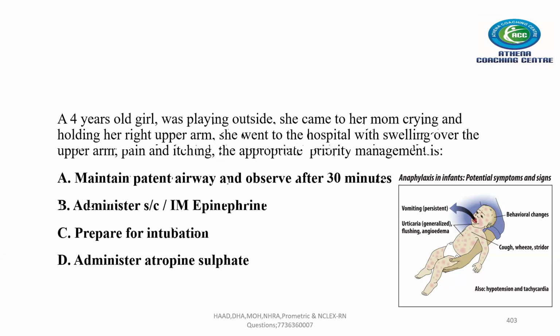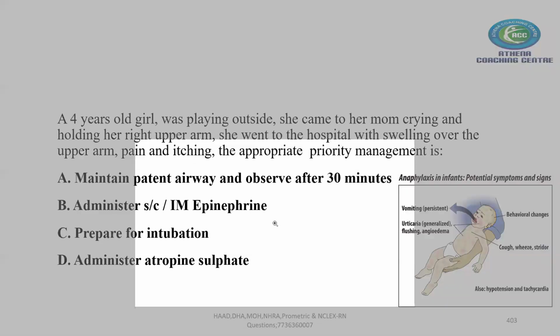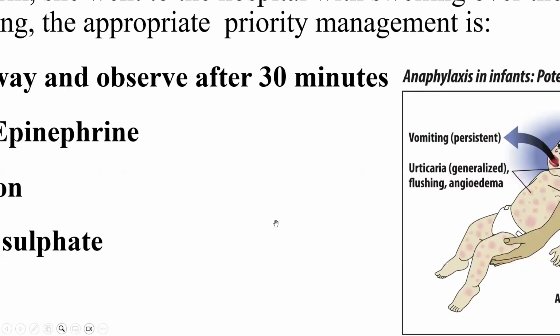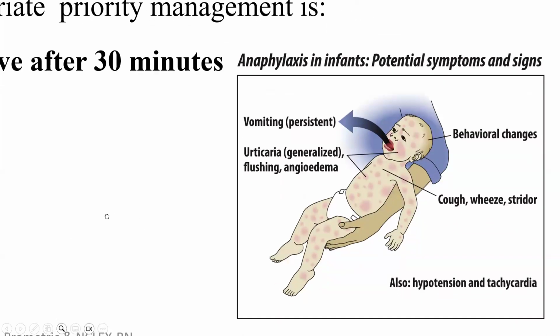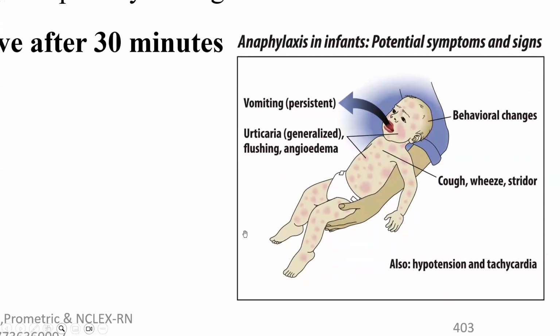She was playing outside, and now she's crying and holding her upper arm, with swelling over the upper arm, pain and itching. That can be a sign of anaphylaxis. So always remember, when a child is playing outside and gets any kind of symptoms, you can imagine this can be, I'm not saying it should be, it can be signs of anaphylaxis.